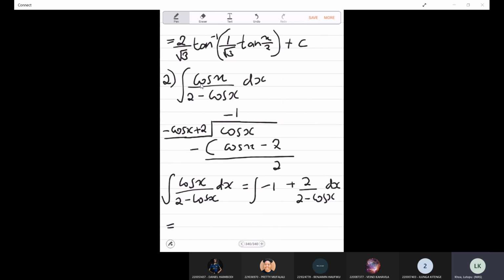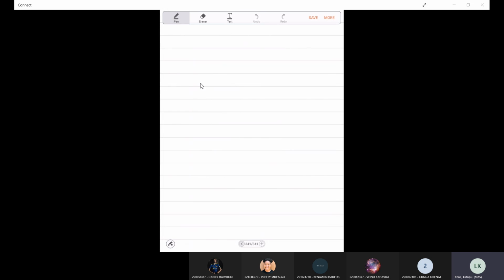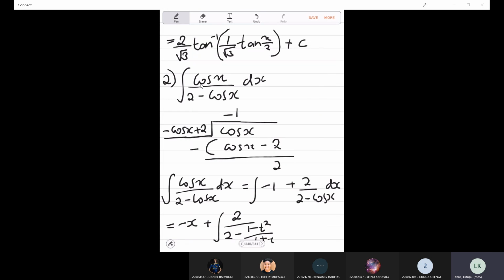So we have the integral of, well, let me just integrate the minus 1, which is minus x, plus the integral of 2 over 2 minus cos x, where we said cos x is 1 minus t squared over 1 plus t squared, and dx is 2 over 1 plus t squared dt.